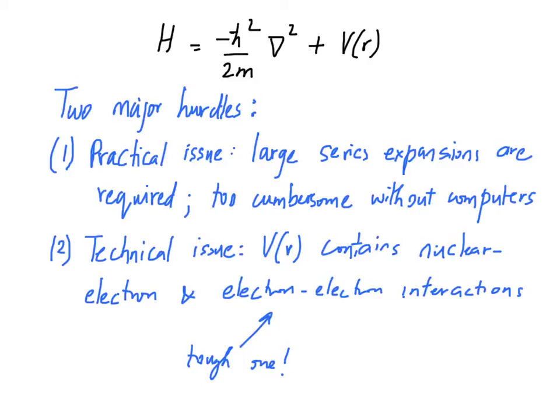So John Slater was one person, and the second person whose name comes up within this context is Walter Kohn, who developed this method called the density functional theory, which today is perhaps the most popular and most widespread quantum mechanical theory for materials modeling, materials computations. Again, that theory is also beyond the scope of this course.